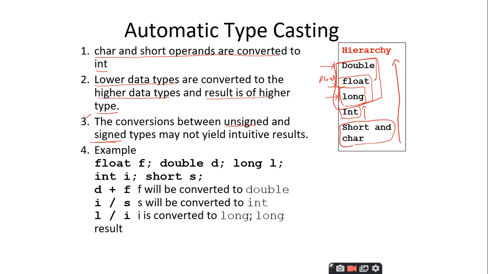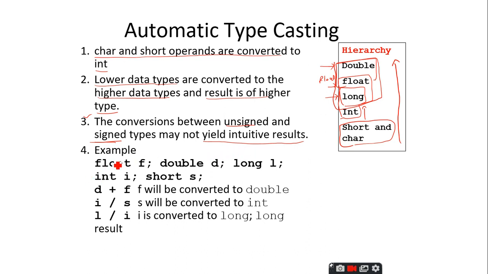For this purpose, we allocate the leftmost bit or the most significant bit for specifying the sign. 1 represents negative, 0 represents positive. So, this is the difference between the unsigned and signed integers. But when you are converting unsigned to signed or signed to unsigned, the result is unpredictable. So, you will get some vague results which you cannot predict.